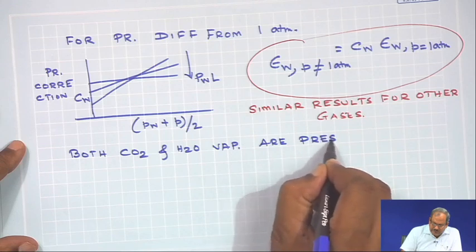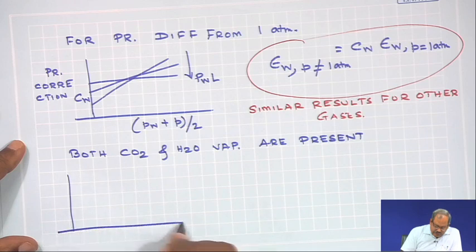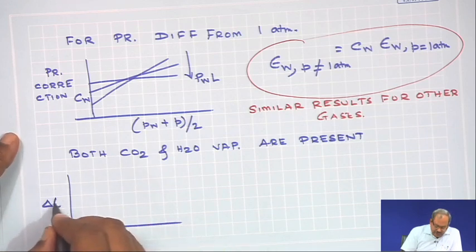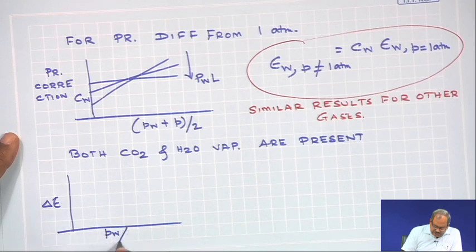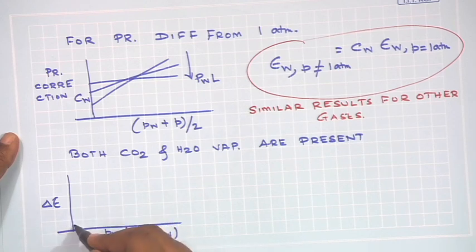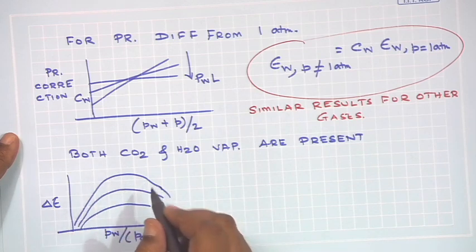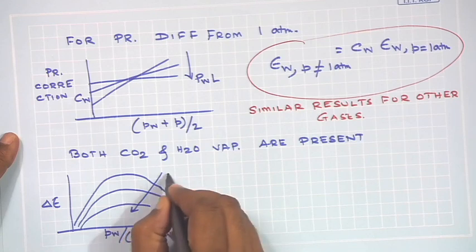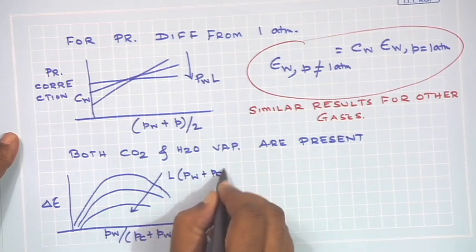If that is the case, then in this method you have the correction factor. This is partial pressure of water divided by partial pressure of carbon dioxide plus partial pressure of water, and you have another family of curves which are in increasing order of L, which is the length scale that we are going to talk about next.